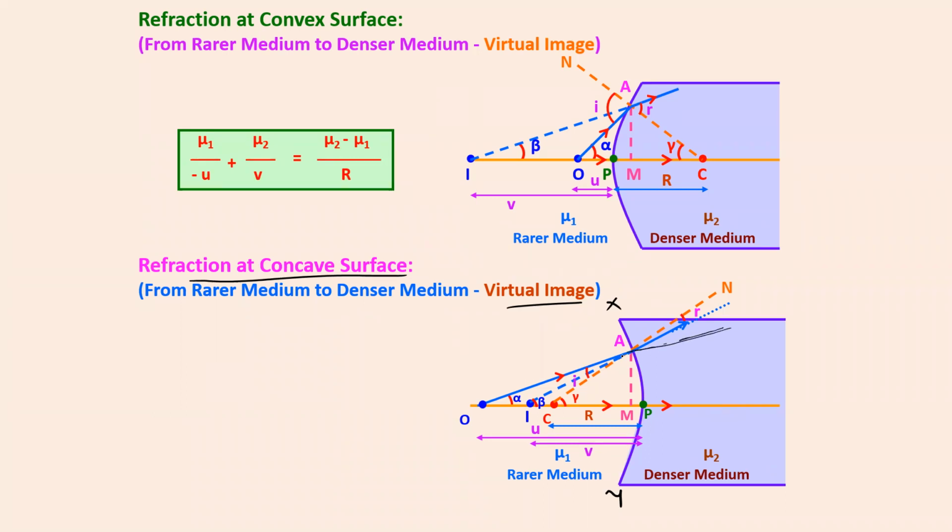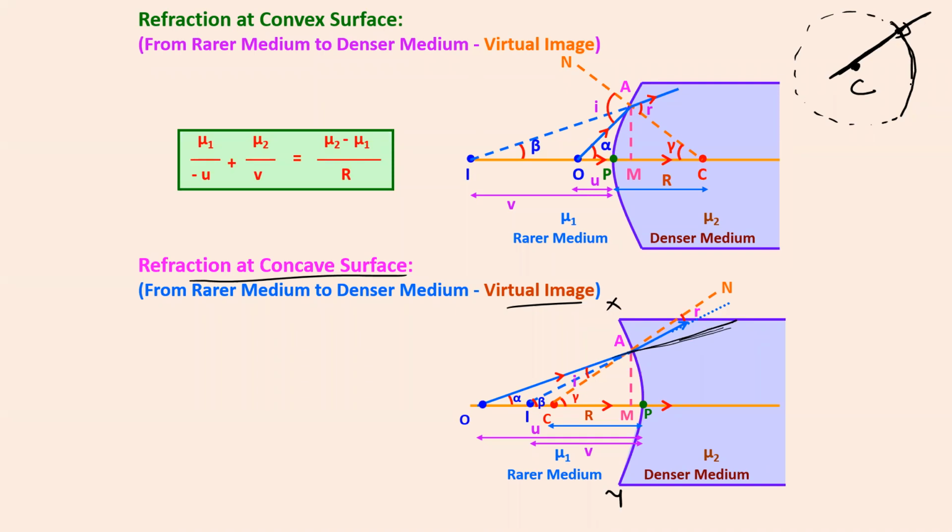But as it is going in refraction, from the rarer to the denser medium, it goes away from the normal. Where is the normal? Understand this point very clearly. This side, the surface is like this, so your center is somewhere over here. Whenever you draw a normal, this time the normal will be this side, not the other side.